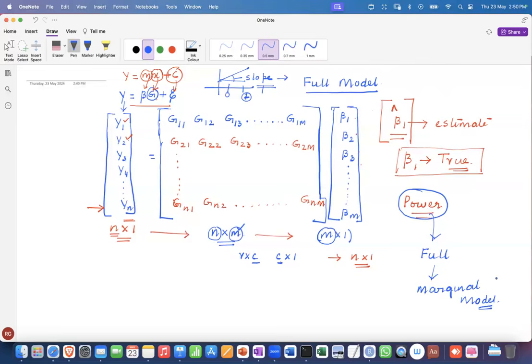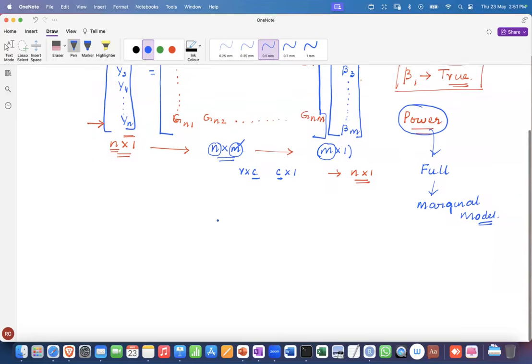The marginal model is nothing but looking at one SNP position at a time. You're not estimating all the betas. You're only estimating one beta at a go, right? And how are you doing that? So the equation now becomes the marginal model.